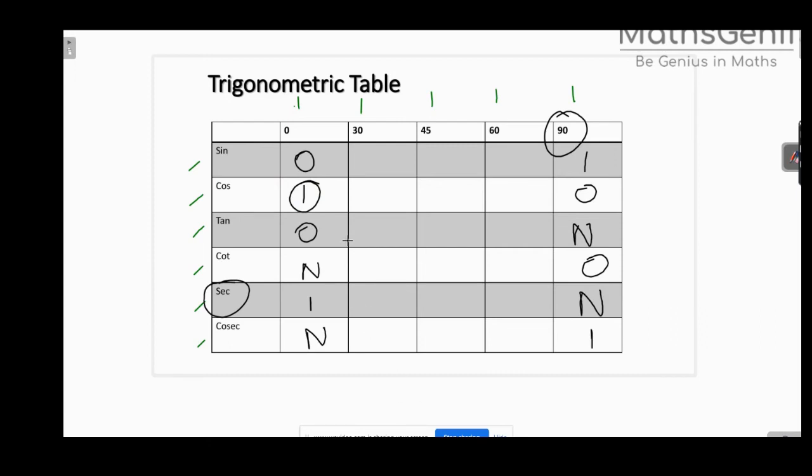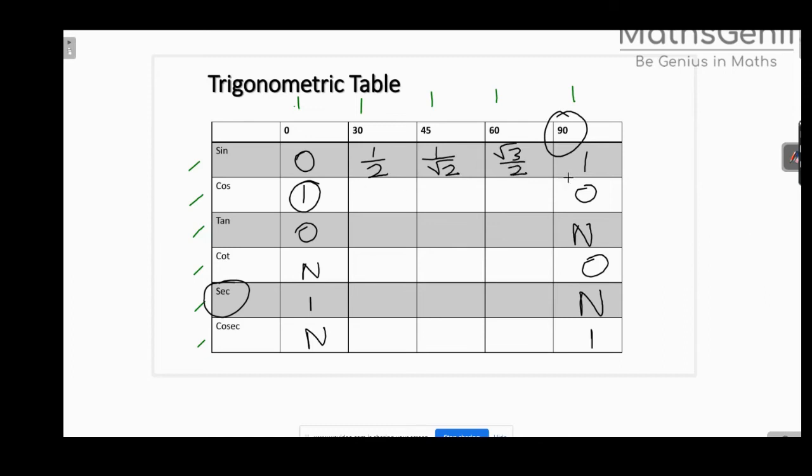Now let's look at how the other values in the table are coming. How do you remember these values? Now, sine values you have to remember, cos values you will automatically remember. Here you have 1 upon 2. Here you have 1 upon root 2. And here you have root 3 upon 2.